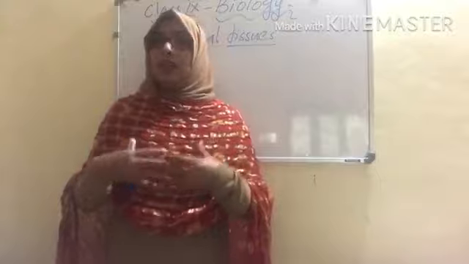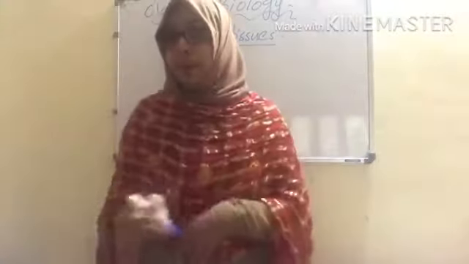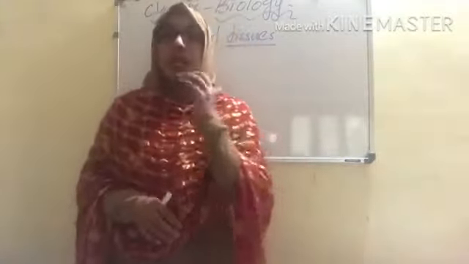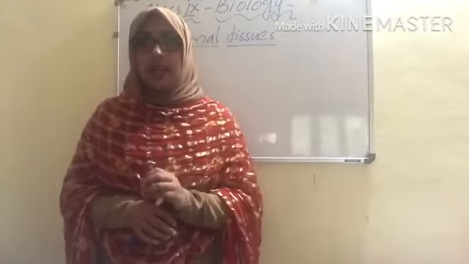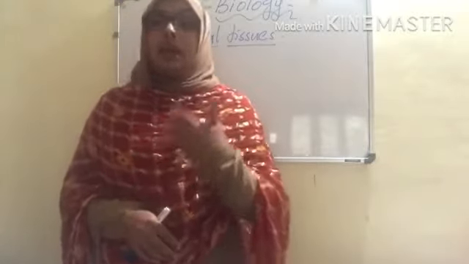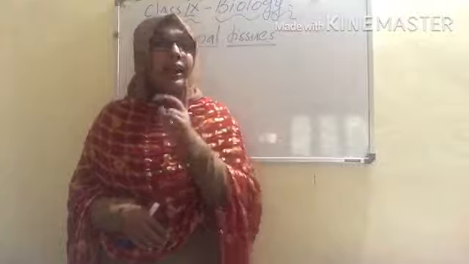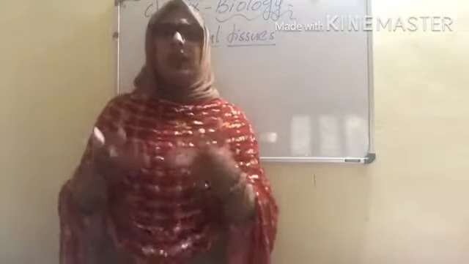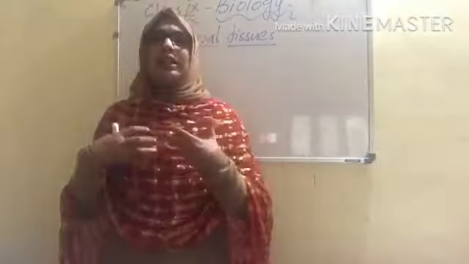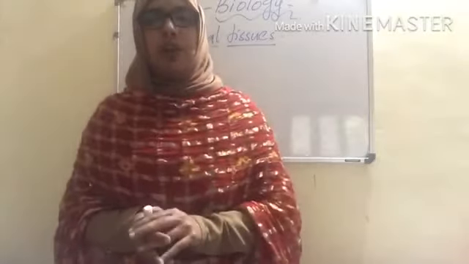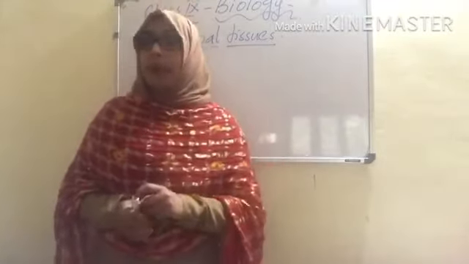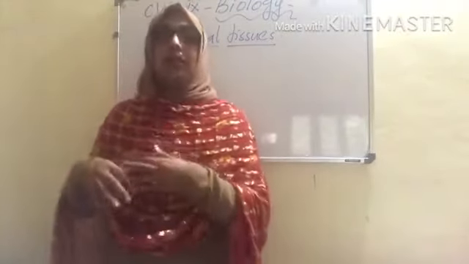Now from the lungs, it has to be transported to different parts of the body, especially into the interior of the cell, right? Then only the cell can work and we will get the energy, right? So how is this oxygen transported to different parts of our body? Correct, by blood, another tissue.